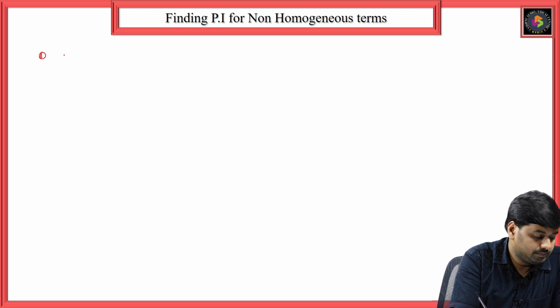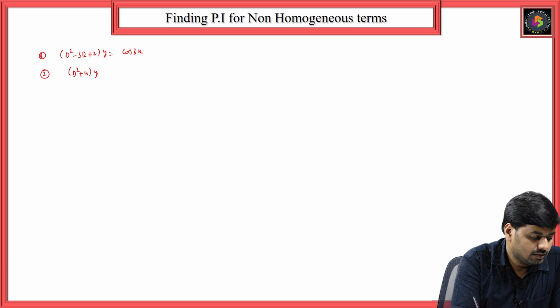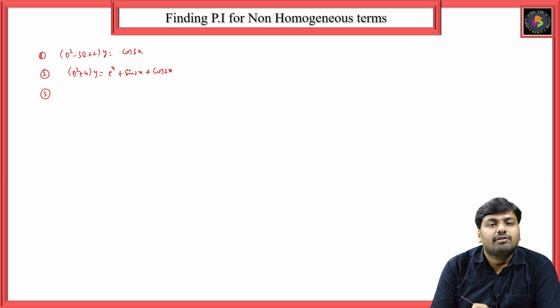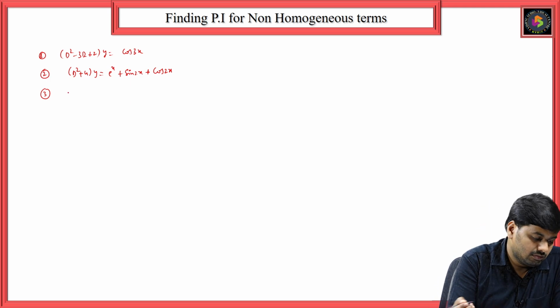Now D square minus 3D plus 2 of y equal to cos 3x. Second model, D square plus 4 of y equal to e power x plus sin 2x plus cos 2x. So the previous model also will come, because we already finished the previous model, that is Q of x equal to x power m. Q of x equal to e power x.